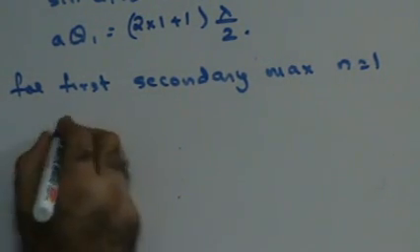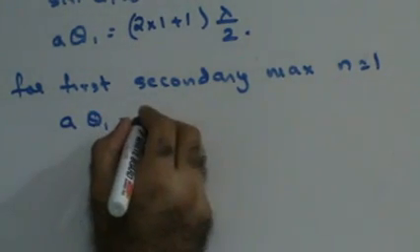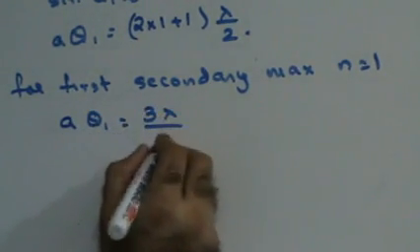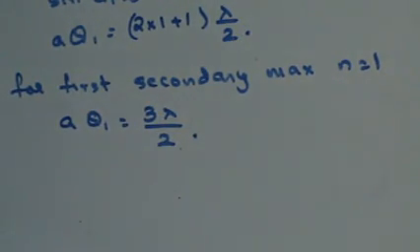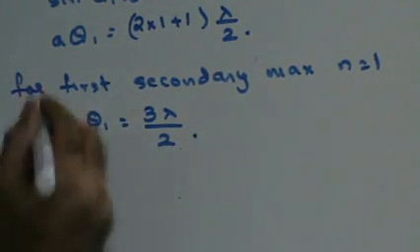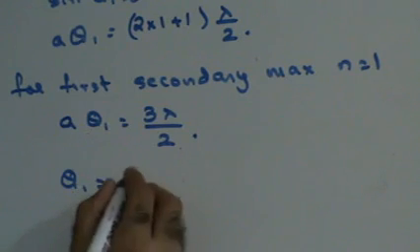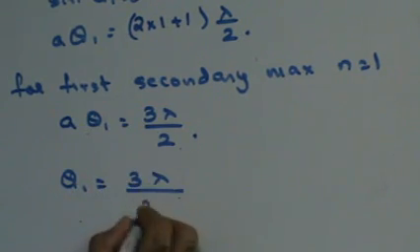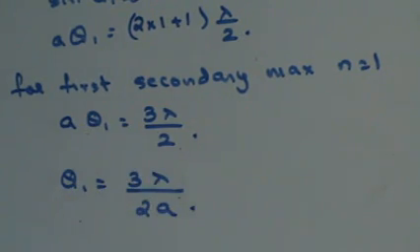So I'll get a theta 1 is going to be (2 plus 1), 3 lambda by 2. Then theta 1 is 3 lambda by 2a. I have the value of lambda, I have the value of a, so you can get your answer.